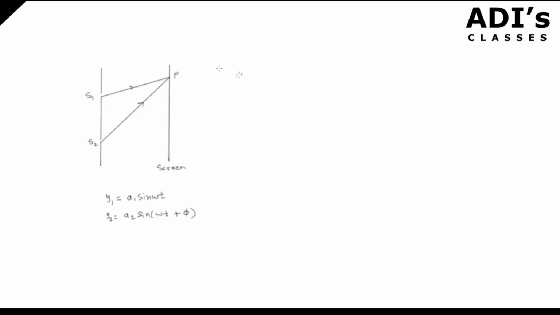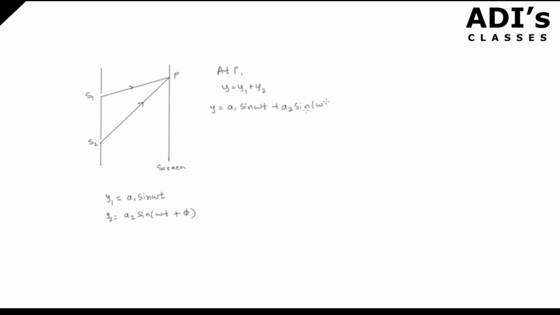Now remember, here S1P and S2P are wavefronts. So either we get a bright light or a dark light, because that's what is happening in interference. So maxima or minima. Now for that we have to derive the mathematical expression.